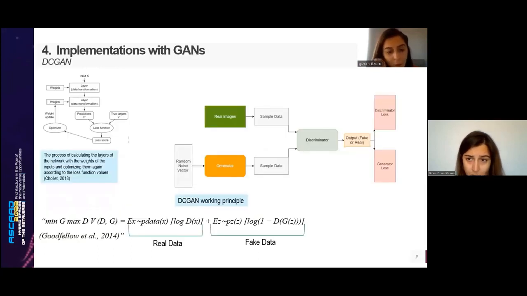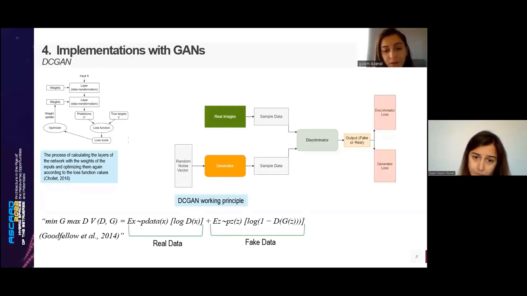And after that, we can explain here the DCGAN working process and working principles. The process of calculating layers was important because the weights of all these layers and all these inputs are important, since the predictions and also the discriminator and generator loss functions happen like this. And according to the loss score, if the difference between the discriminator loss and generator loss was high, the optimizer works again and again, taking this process from the beginning.